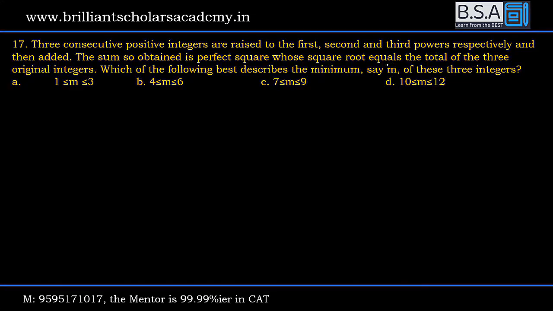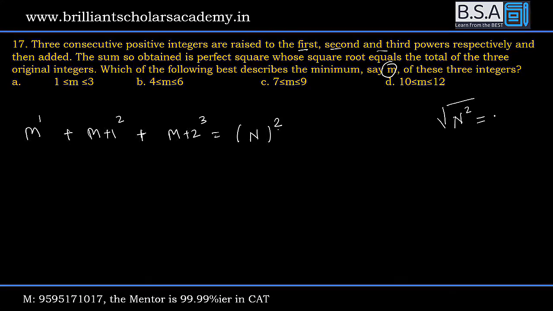The smallest number is m. The addition obtained is a perfect square, the square root of which equals the addition of the original 3 numbers.